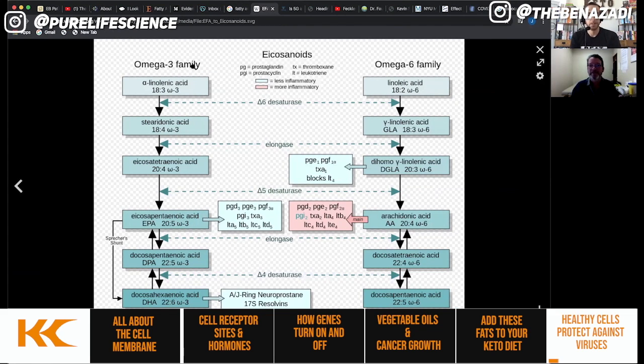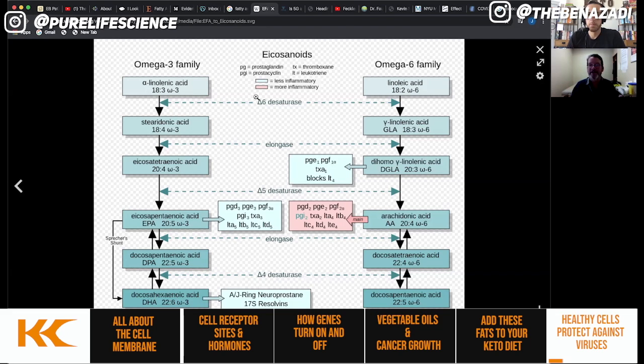Yeah. So this is the icosanoid fatty acid cascade, and you can see the omega-6 over here, starting with linoleic acid, and the omega-3 over here, which is the alpha-linolenic acid. Now this delta 6 desaturase enzyme is the one key enzyme that all the fish oil promoters keep pointing at, saying it doesn't function well in humans, therefore we need to provide fish oil to help with that process.